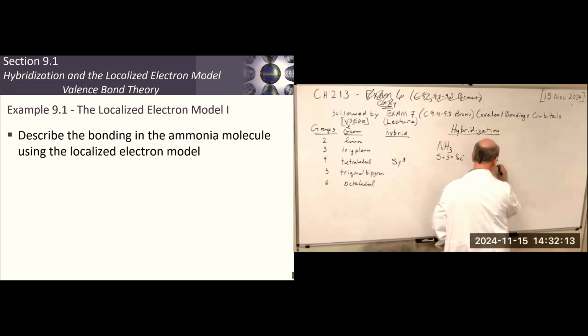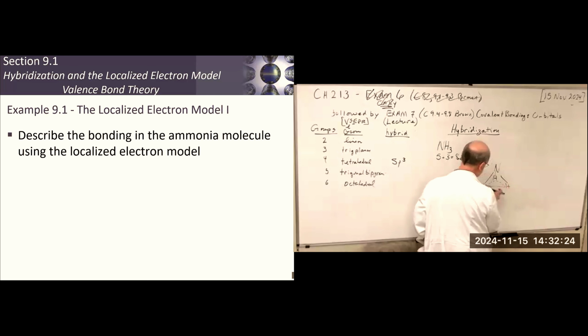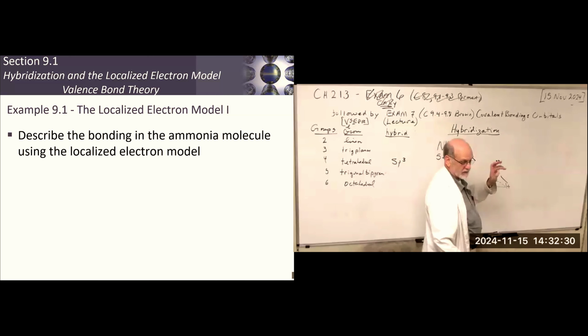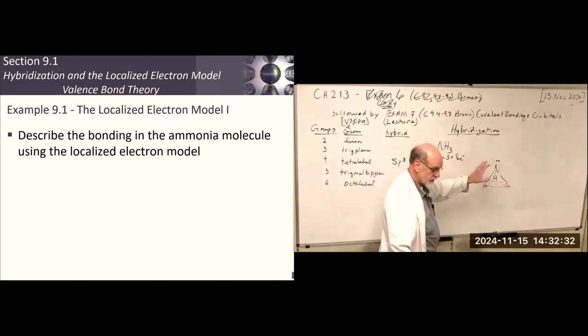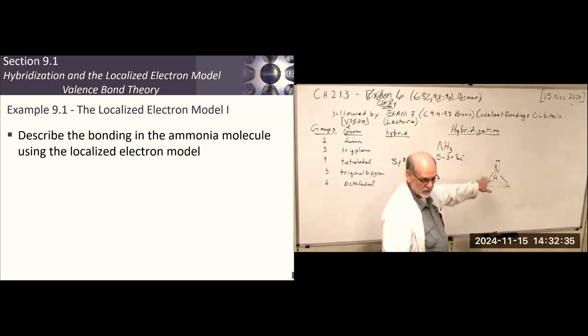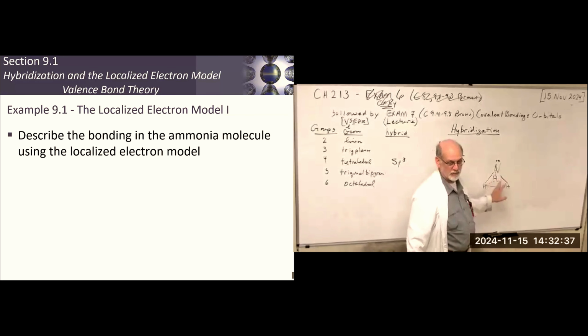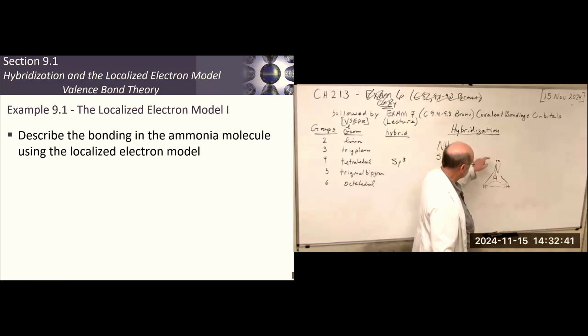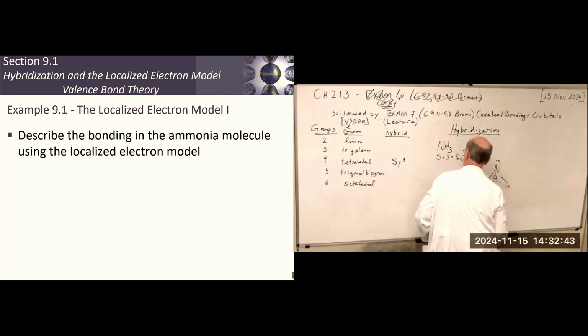So with nitrogen in the middle, we have a hydrogen in the back, a hydrogen over here, like a triangle on the bottom, and then the lone pair up here. How many groups do we have? 1, 2, 3, 4. So electronically speaking, this is also tetrahedral. Molecular geometry is going to be a triangular pyramid, but the hybridization is based upon the electronic geometry.